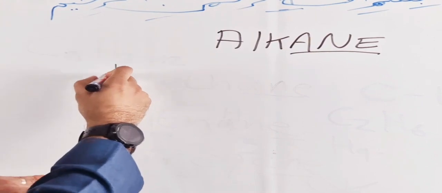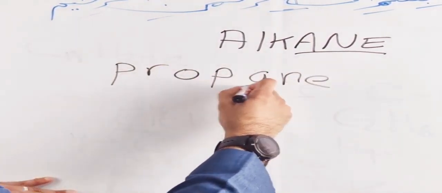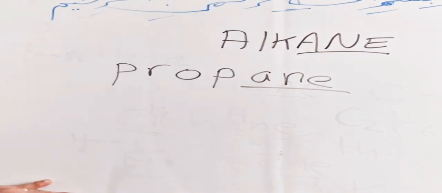So the next hydrocarbon from the family of alkanes is propane. It has 3 carbons.